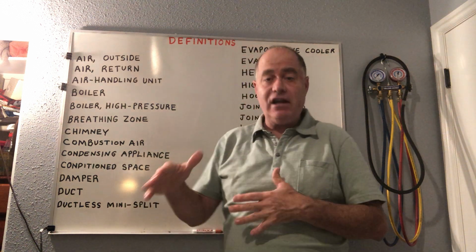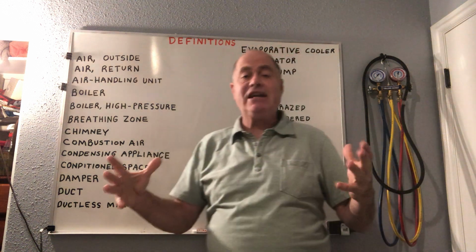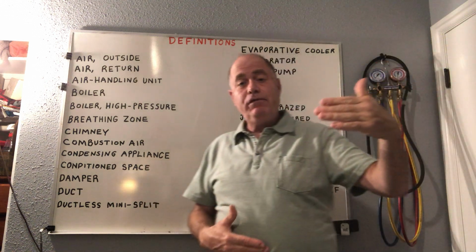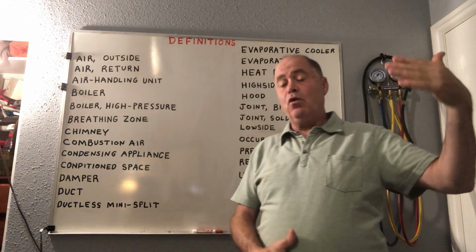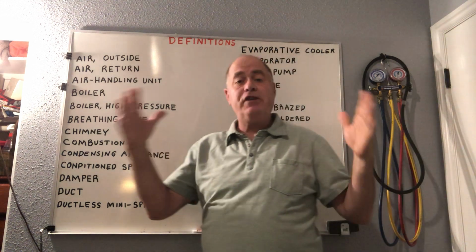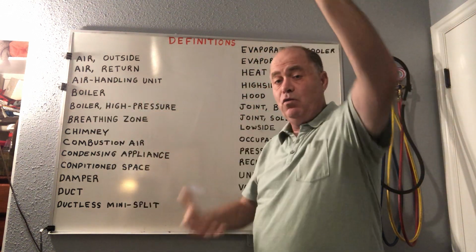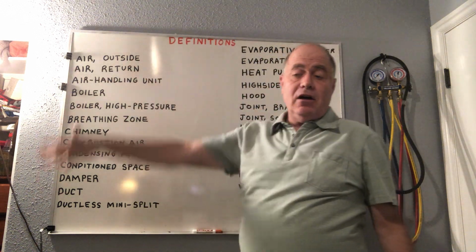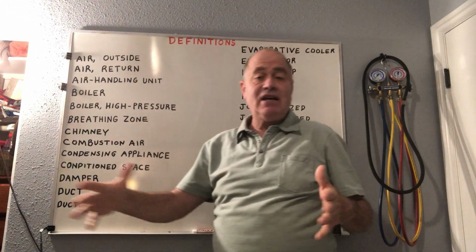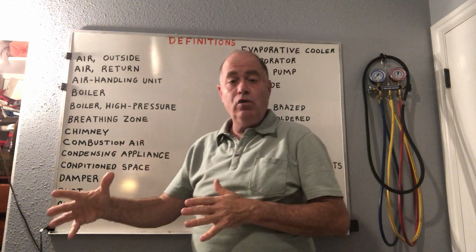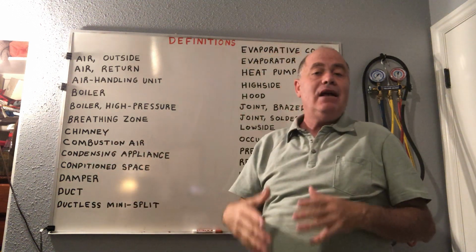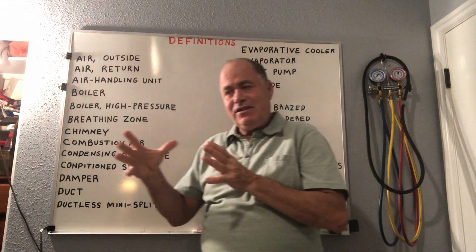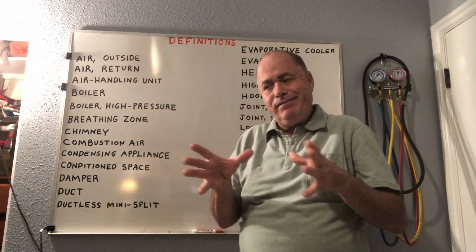Now, what is not an air handling unit would be a package unit. A package unit is like what you might have on your roof in a smaller building or a residential building, where all the heating and cooling and fan is all in one box on a roof. If it has everything inside that it needs, all the heating and all the cooling, and the fan is inside to provide air, that wouldn't be considered an air handler at all.